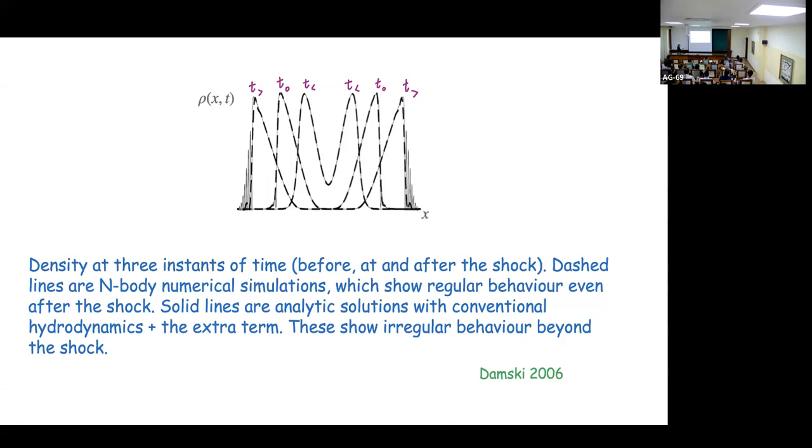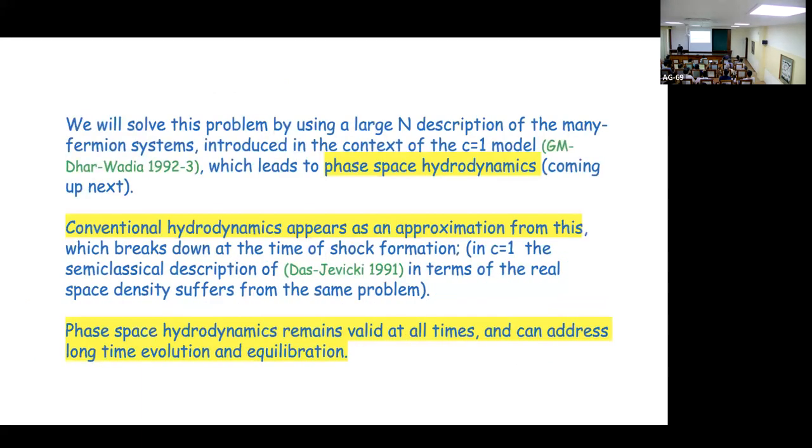With this additional term that has been added, if you apply the solution of the equation, it shows some high oscillations. It shows irregular behavior beyond the shock, and the numerical evolution is the dotted line, and you can see that the solution of the differential equation with the extra term does not agree with the numerical solution.